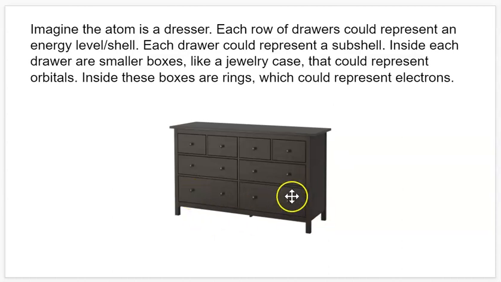And then within that level, there's different subshells. And maybe within those drawers, you open them up and there's a jewelry box. So let's represent the electrons as rings and jewelry. If we take those rings and jewelry and store them within a box, and then that box is stored within a drawer, and then that drawer is in a row, the row represents the energy level, the drawer represents the subshell, and the box that you put the jewelry in represents the orbital itself, where you put the electrons.